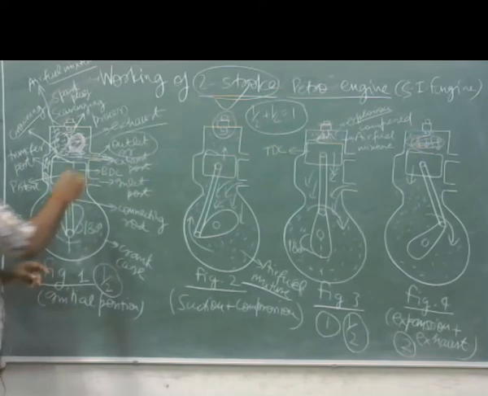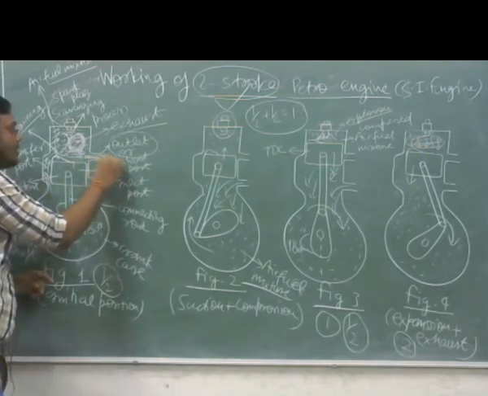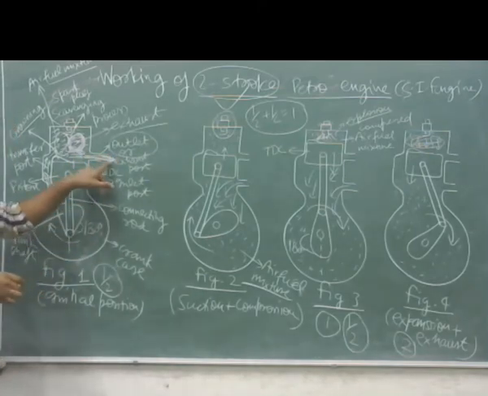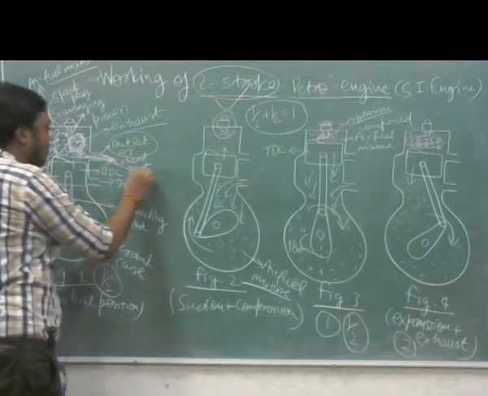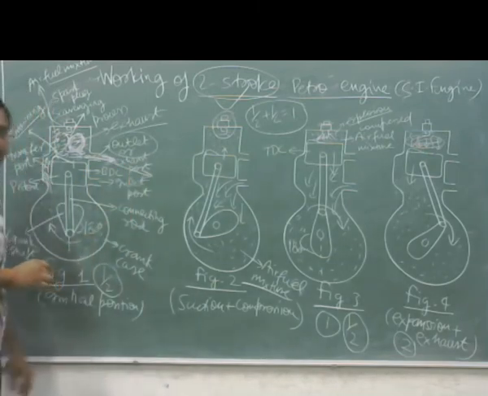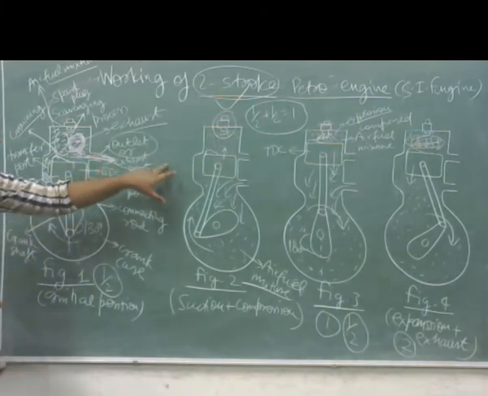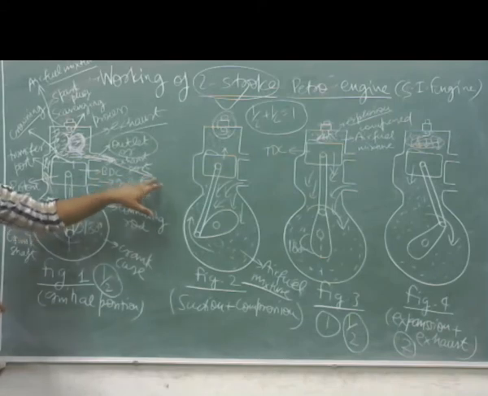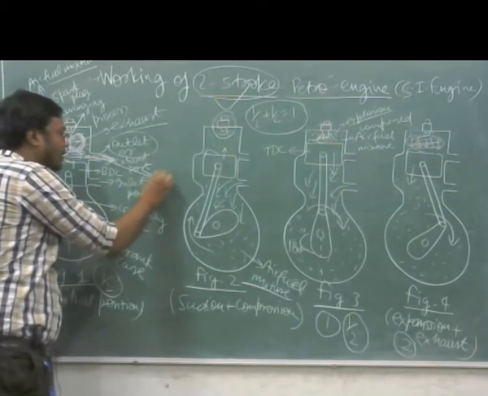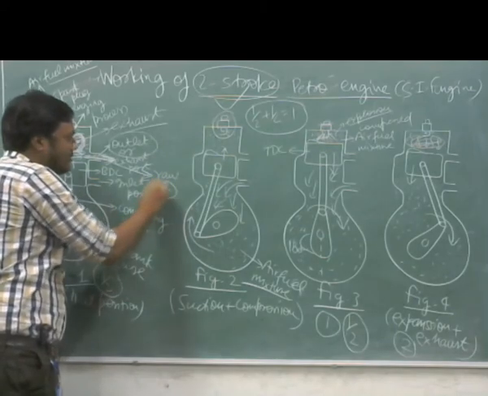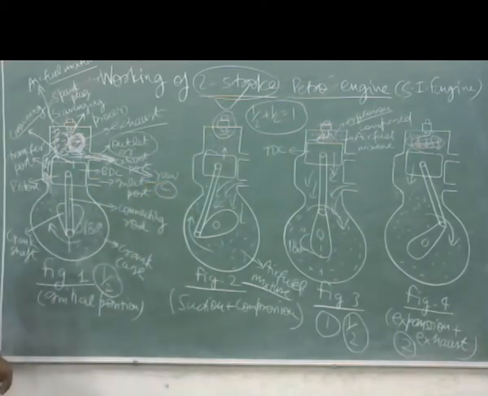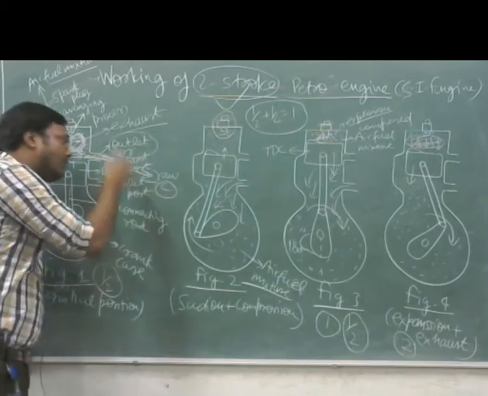Second, when this raw fuel goes into the environment, it is very harmful for human health, because there is raw carbon present in these fuels. This will pollute the environment.